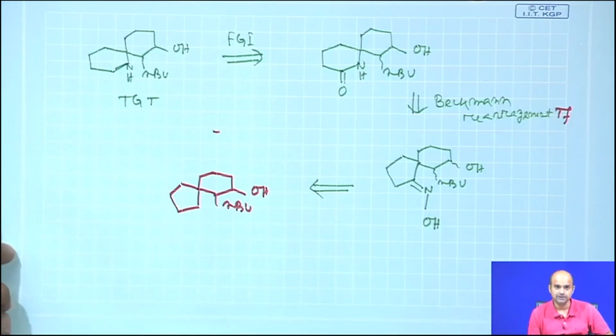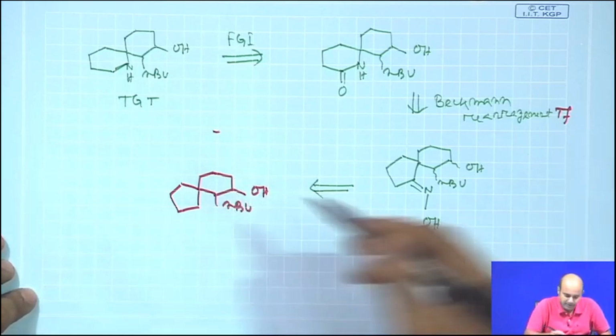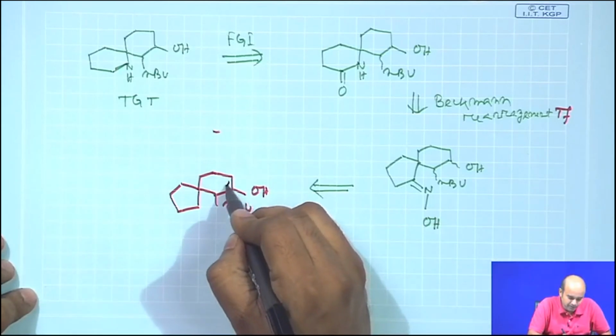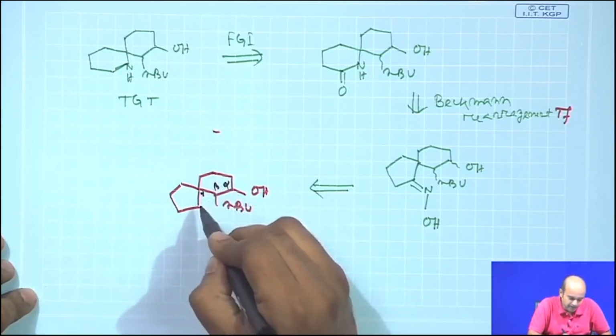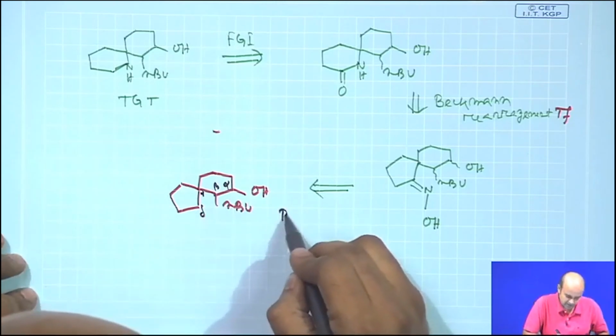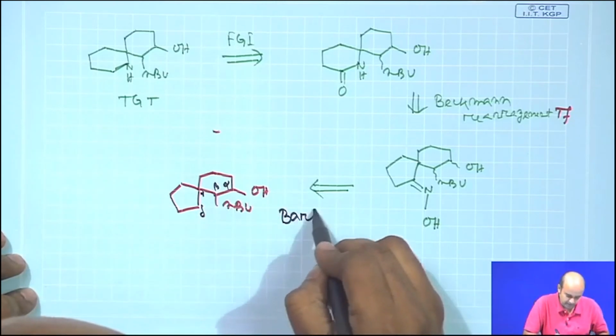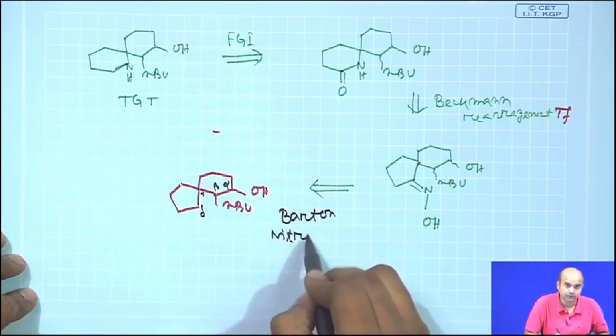I said that here there are Hs, and this is a very interesting reaction, alpha, beta, gamma, delta. Now, this particular transformation is named the Barton nitrite ester photolysis.